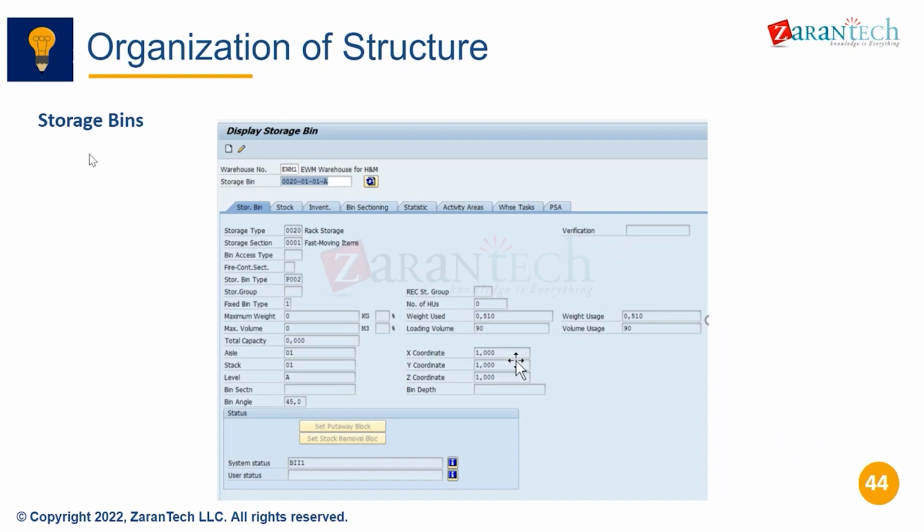Then you can see this is the storage bin, and this is how it looks in the system. You'll have all these options available here, I will show you in detail. You'll have under which storage type and which section that bin is, what the bin type is, what the limitations or capacity are, in which aisle, and the xyz coordinates for that bin.